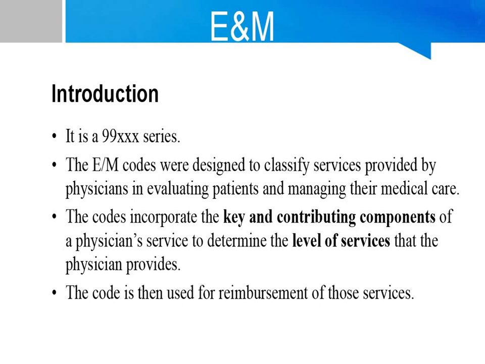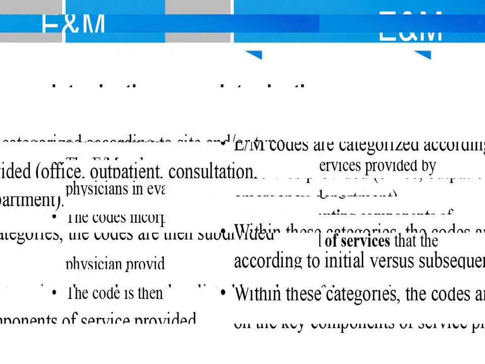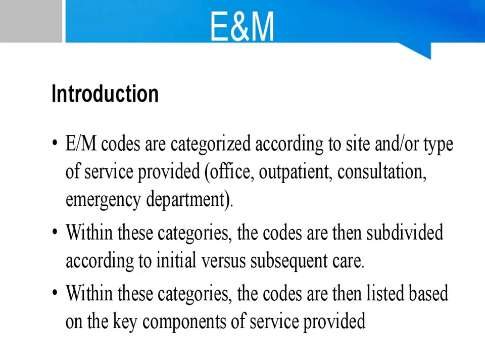Okay, for introduction of E&M, it is also called the 99,000 series. The E&M codes were designed to classify services provided by physicians in evaluating patients and managing their medical care. The codes incorporate the key and contributing components of a physician's service to determine the level of services that the physician provides. The code is then used for reimbursement of those services.